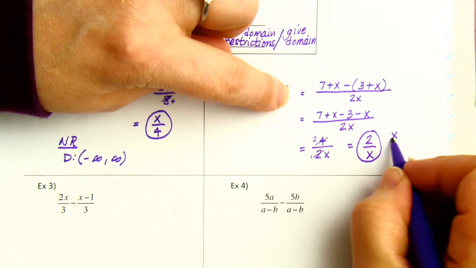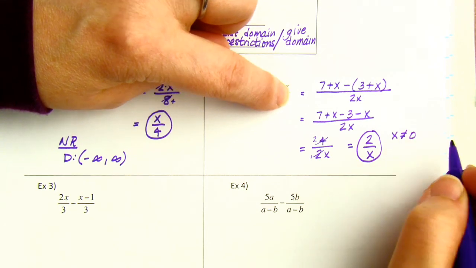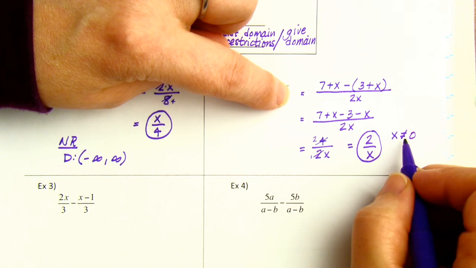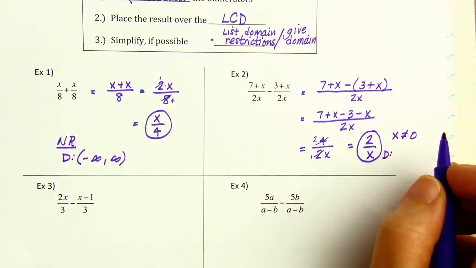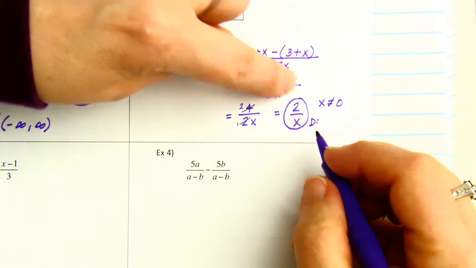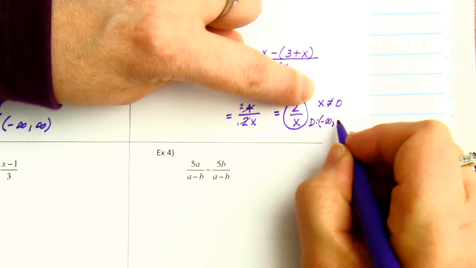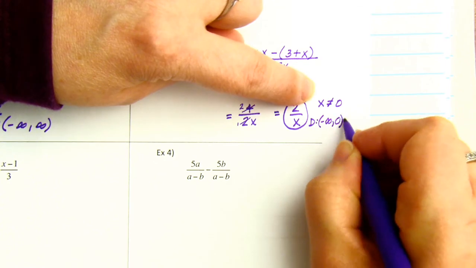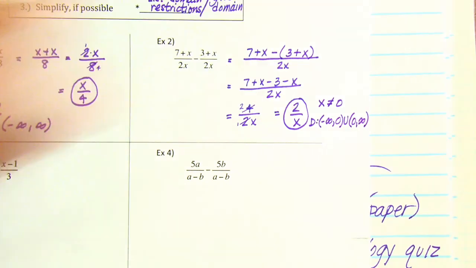X is not allowed to equal 0. That's the restriction. The domain in interval notation is negative infinity to 0 in union with 0 to infinity.